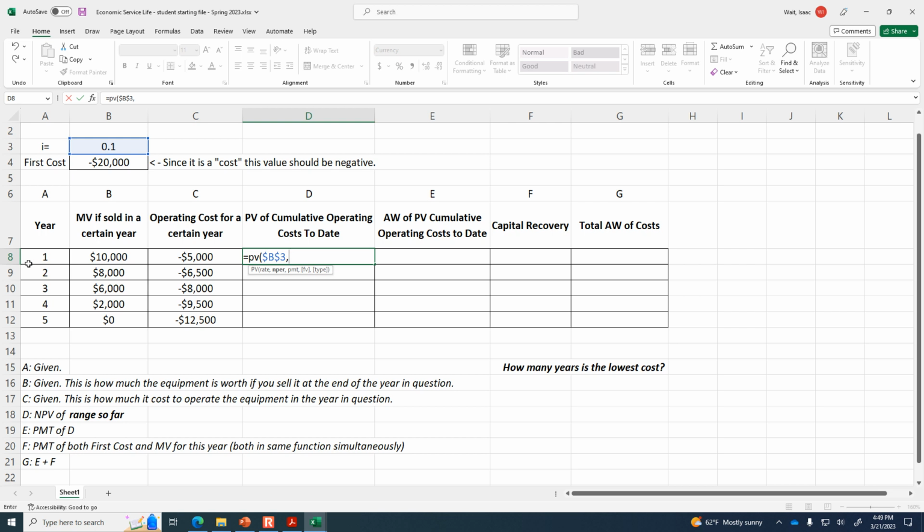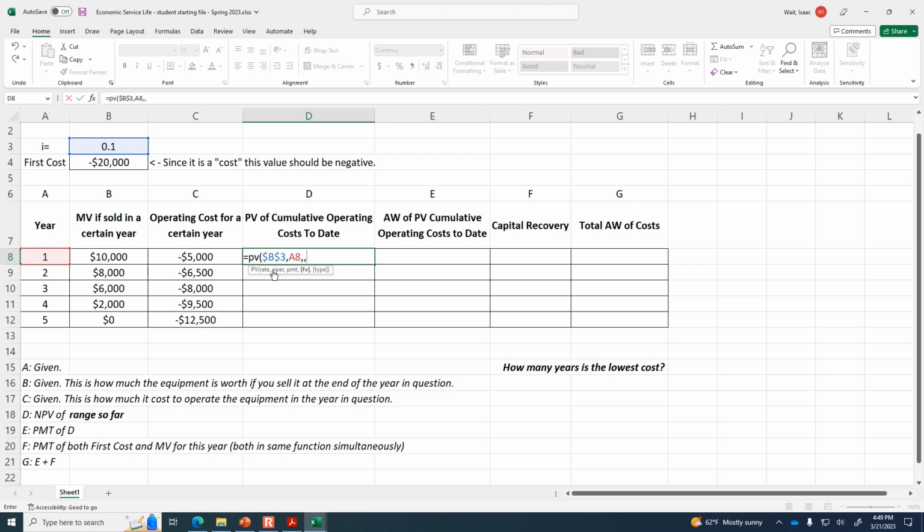Okay, so we're on row 1. What we want to do is move that $5,000 to time 0, because we want to know the present value of the operating costs in this year. I'm sorry, NPER. So this is one.